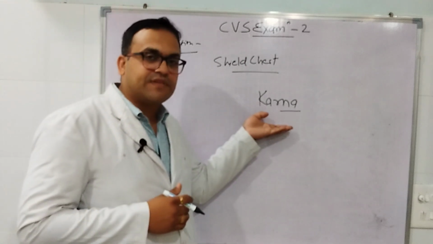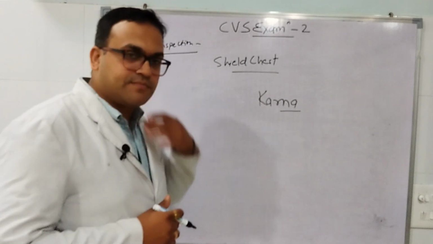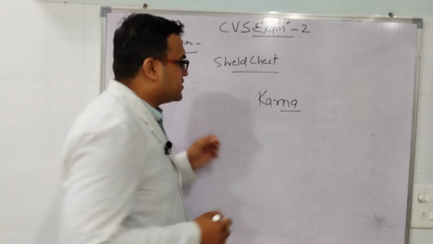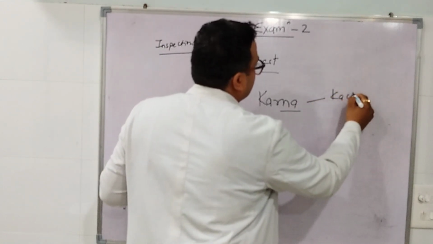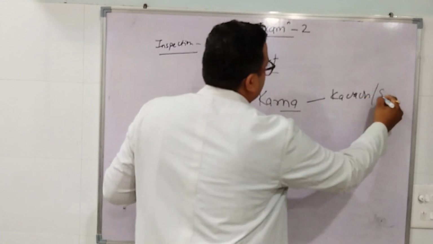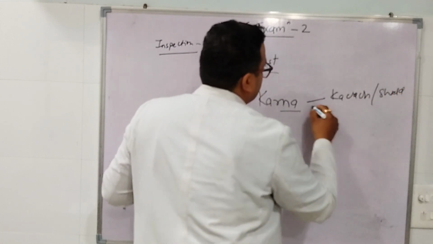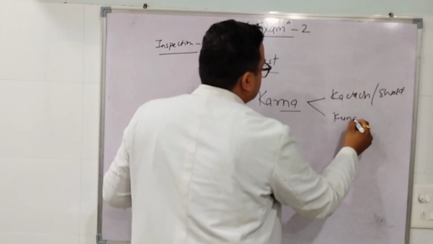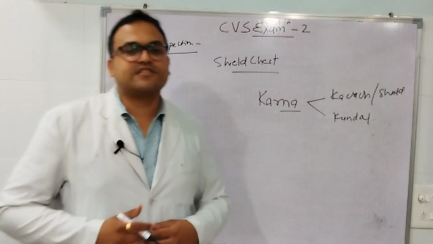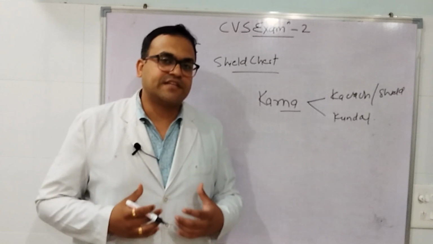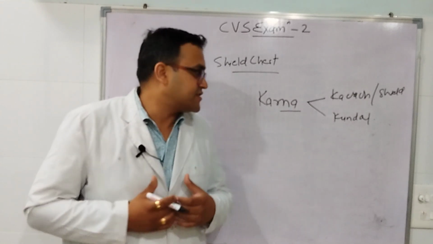He was born with a shield, and he had something in the ears also, the Kavach and Kundal. So the chest of the child appears as if there is some shield on the chest.